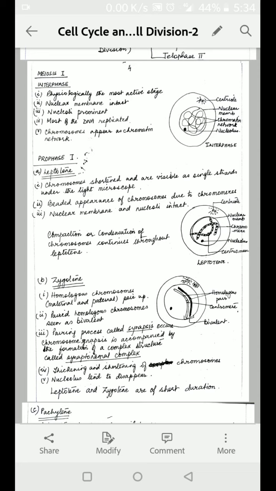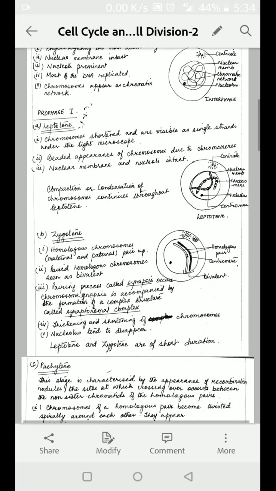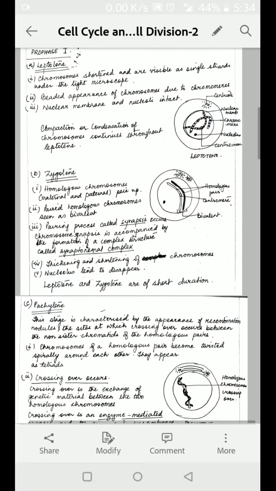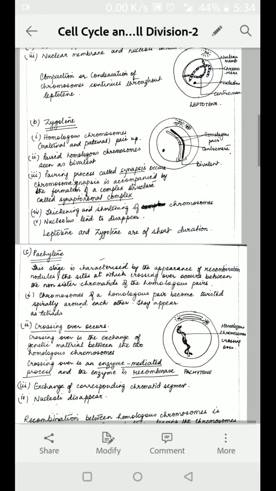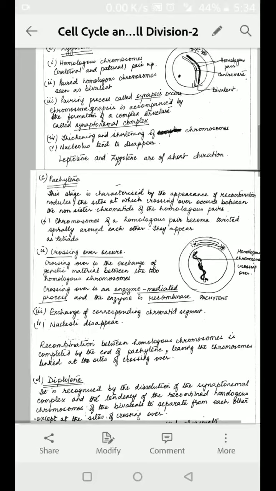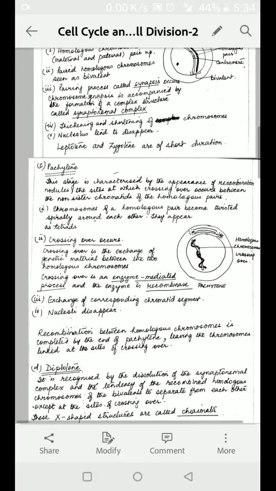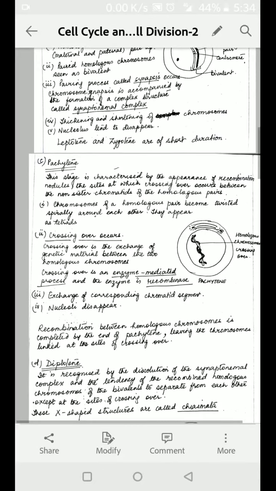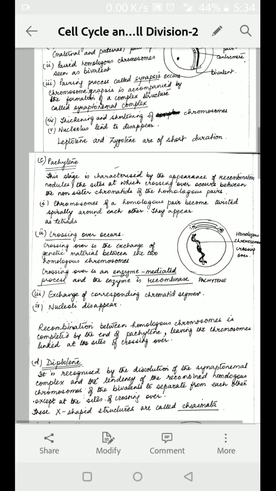Now we have studied about leptotene and zygotene, and these 2 stages are of short duration, and the next stage, that is pachytene, is longer. And now we come to the characteristic events that occur in pachytene. So pachytene is an important stage and a longer stage of karyokinesis, prophase 1 in meiosis.